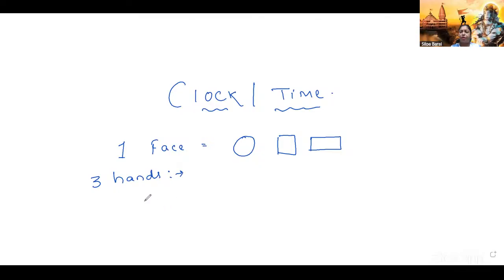So the first hand is called the long hand. Right? All of you know this long hand. And this long hand is called beta what? Minute hand. All of you know this is called beta minute hand. Right? Very good.